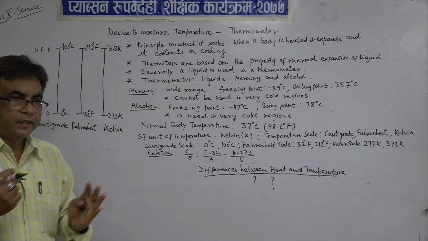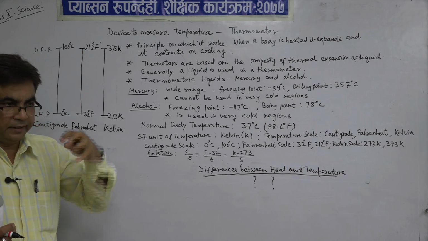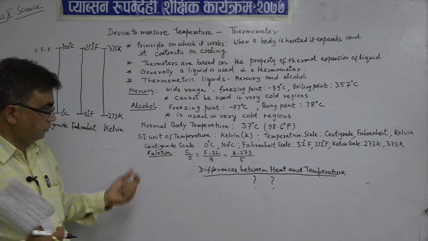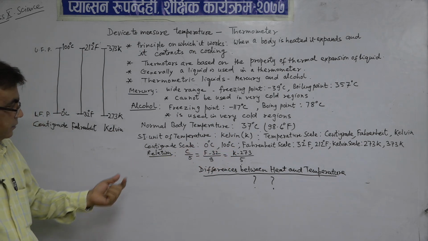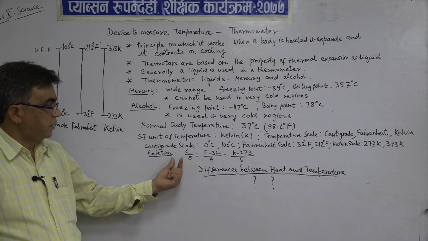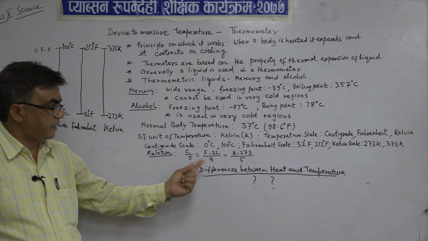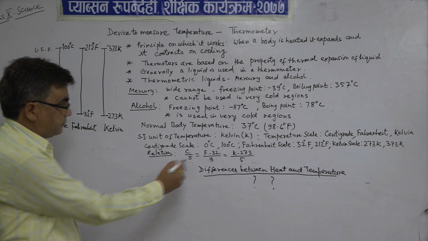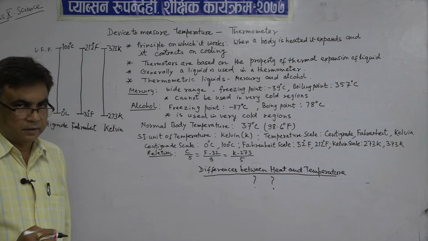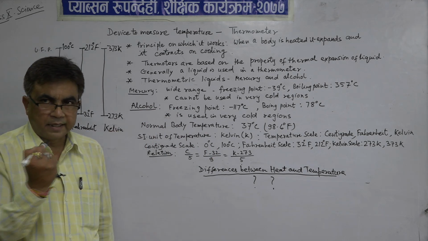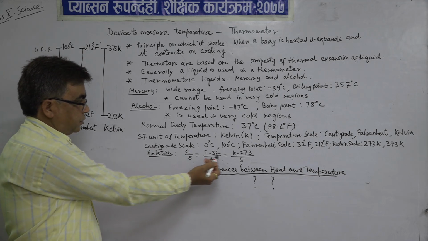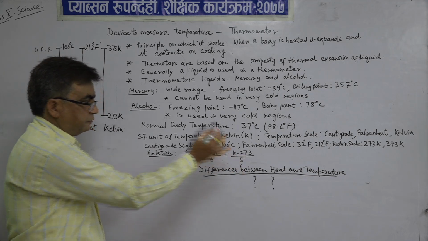Now, these 3 scales have a relation. That means we can convert the temperature in one scale to another scale. So, by which relation can we convert? This is the relation. Suppose you have to convert centigrade into Fahrenheit, then you will use C upon 5 equals F minus 32 upon 9. Or suppose you have to convert centigrade into Kelvin, then you will use C upon 5 equals K minus 273 upon 5.